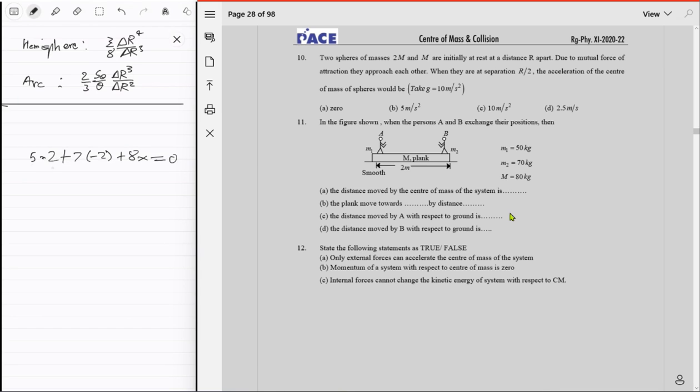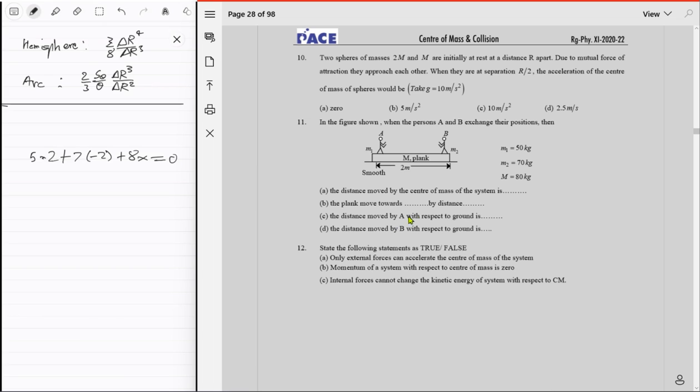So you just get negative 4 from there. 2x equals 1, x equals 1 upon 2, so it changes by 1 upon 2 meter. So the distance moved by the center of mass of the system is still 0. The plank moved 1 upon 2 distance. Oh okay, the plank moved towards the right, I believe, because it was positive, right? Exactly, so it's 14 and negative 4, okay, yeah, 1 upon 2 towards right.